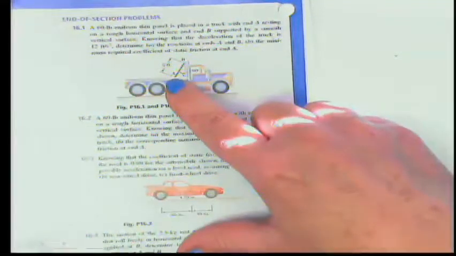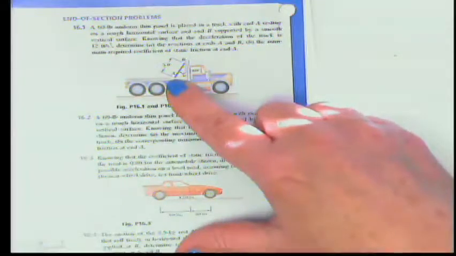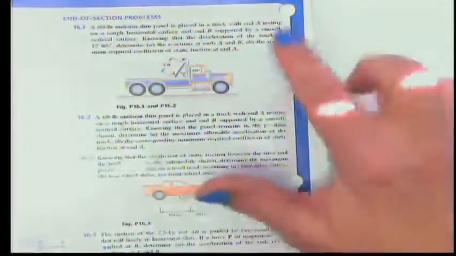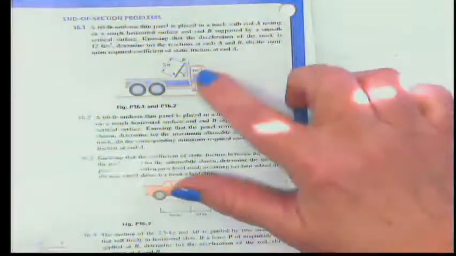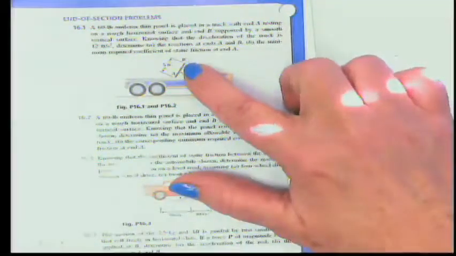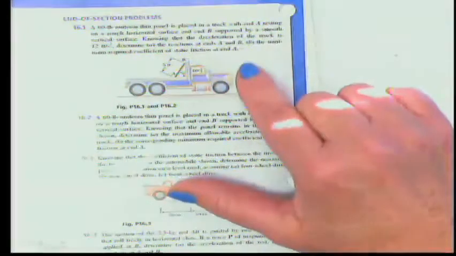That's code for friction, right? So you're going to have a frictional force, which is a good thing. Otherwise, it would slide down, and there would be no problem. It would just be laying flat on the flatbed. And B is supported by a smooth vertical surface, so that means no friction here, right? All right, knowing that the deceleration of the truck is 12 feet per second squared, determine the reactions and the minimum required coefficient of static friction here at A.